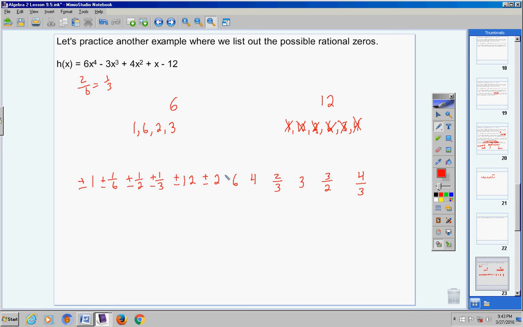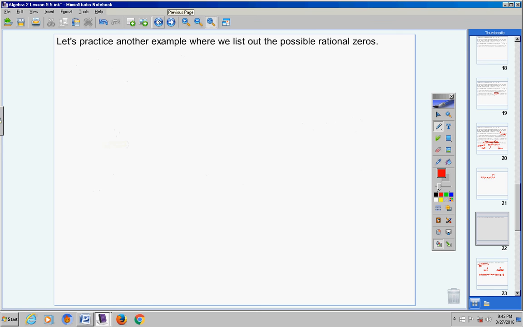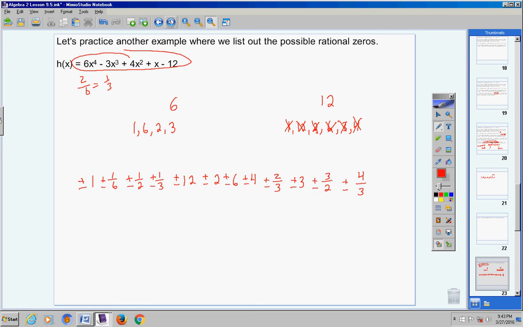Students, do you not see how long these problems could be? If this function right here is not factorable, you have to start testing each of these numbers until I find a 0. Look how many numbers I have to test.